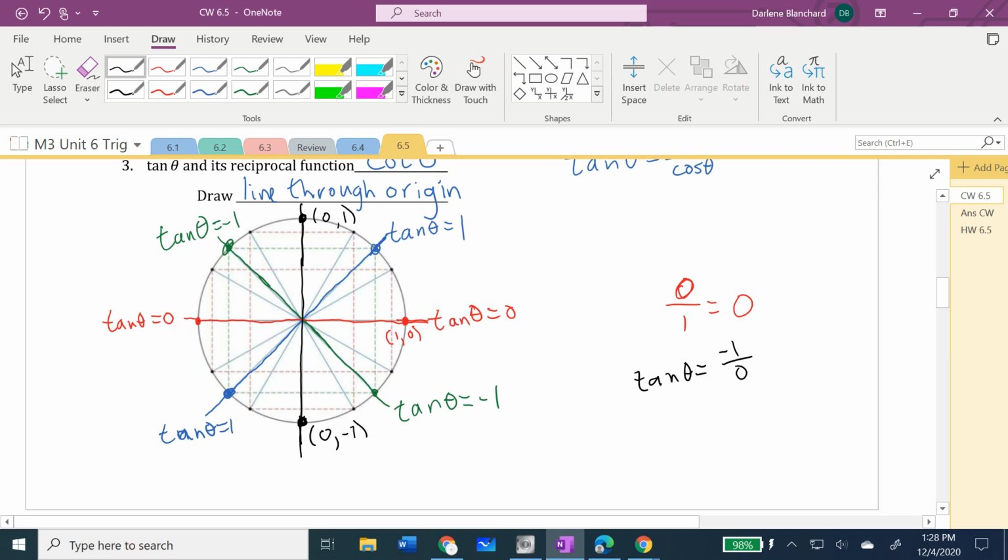For this bottom angle down here, what is the answer to negative 1 divided by 0? Yes, it's NA, it does not exist. Tangent is undefined at 270. And it is also undefined at 90 degrees.